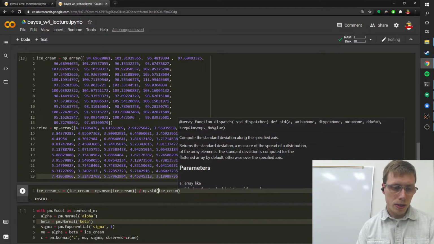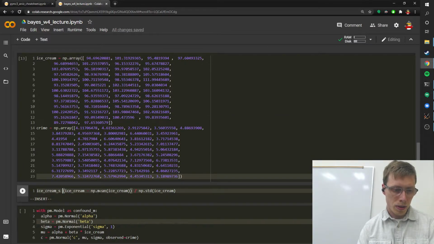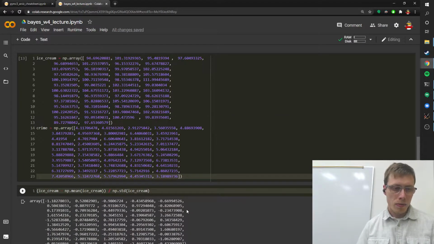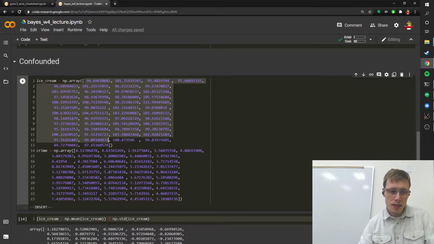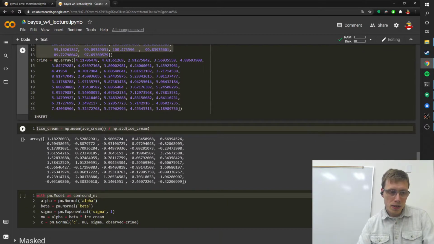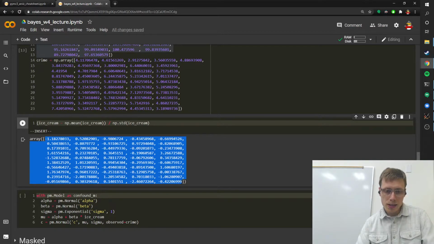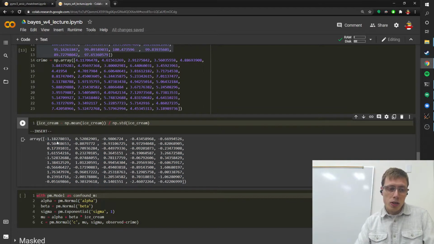So now when you do this, let me first just print out what it looks like. It transforms this data here into this data here. And this data has mean of 0 and standard deviation of 1 by definition, by construction. In general, the way you can interpret a value like minus 1.18 is that it is 1.18 standard deviations below the mean.